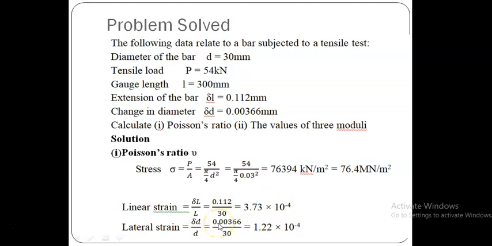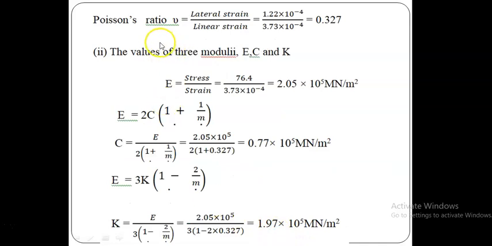Then lateral strain is del D by D. The change in diameter, that is the lateral shortening, is 0.00366, and the original diameter is 30, therefore we have the lateral strain. Now Poisson ratio nu is equal to lateral strain divided by linear strain. So we have 0.327. This is the Poisson ratio.